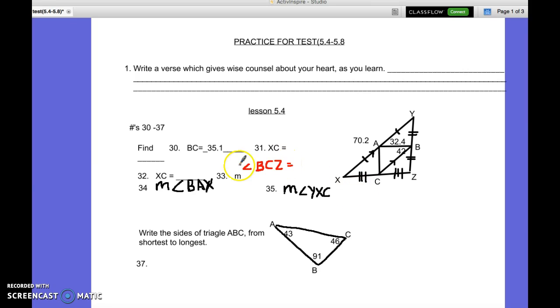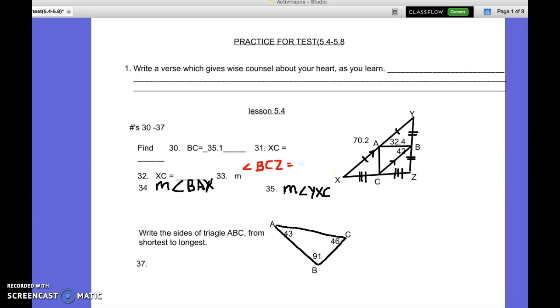What else do you want us to find? I want us to find the distance from X to C. So from X to C, this little distance here, which is a half of XZ. But since AB is a mid-segment, whatever AB is, if you double it, it's going to be equal to XZ. So since AB is a half of XZ, then AB should be the same as XC.